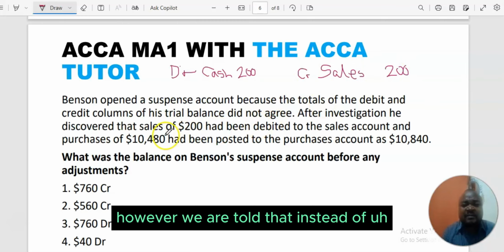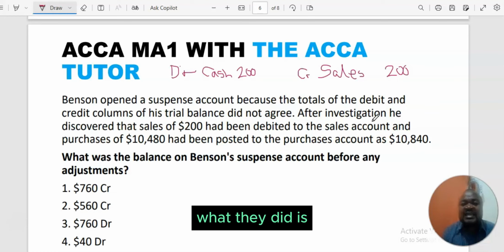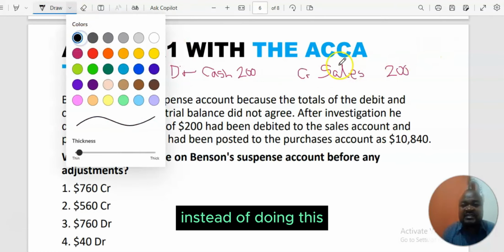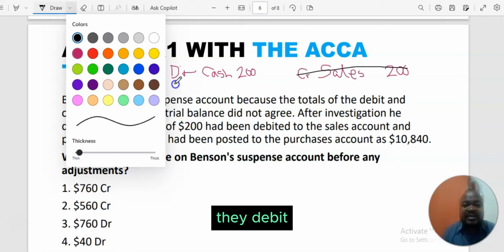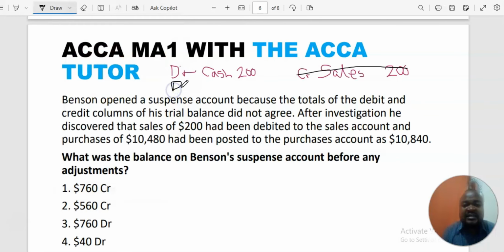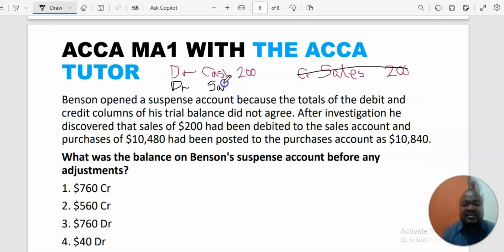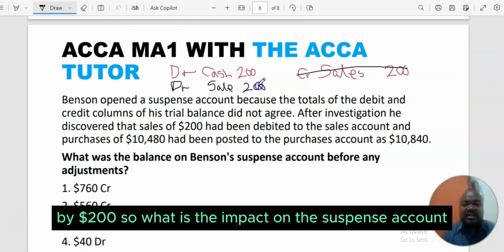However, we are told that instead of crediting the sales account, what they did was debit the sales account by $200.